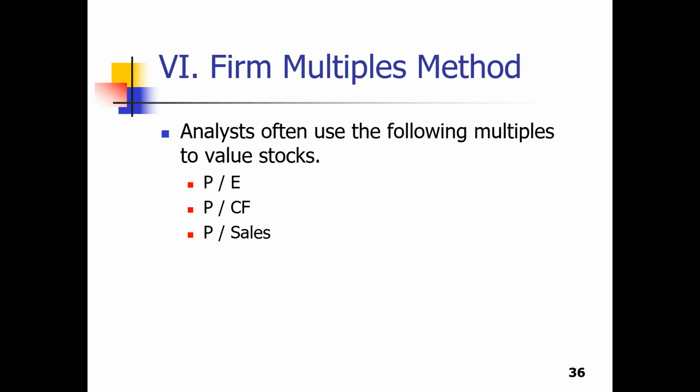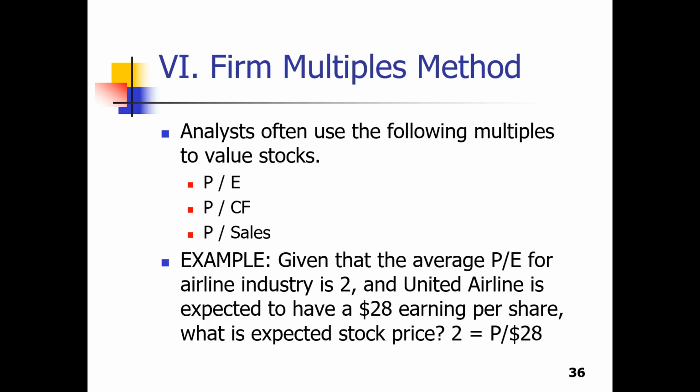I just used price sales when I talked about the elevator company, and that was something like 1. But you could get these ratios for the industry, and it's usually on Bloomberg, or you can get it from other data providers.